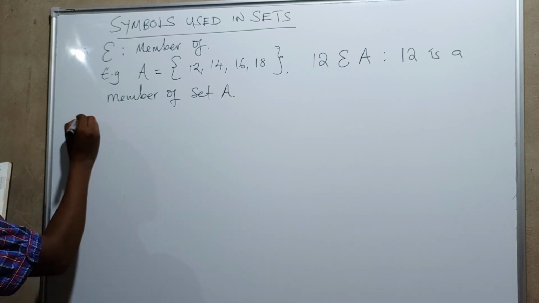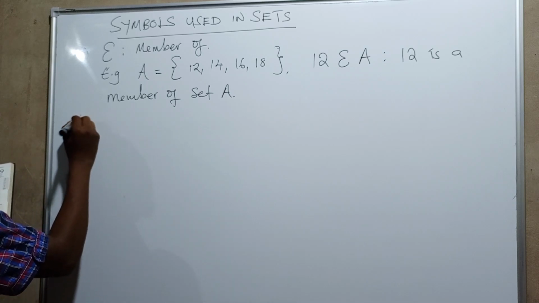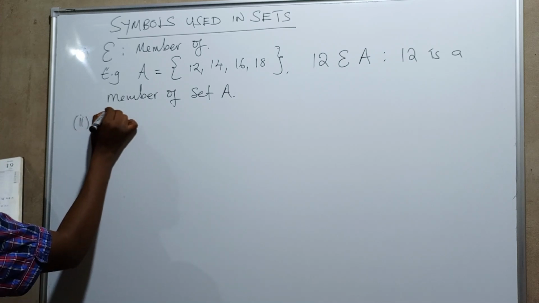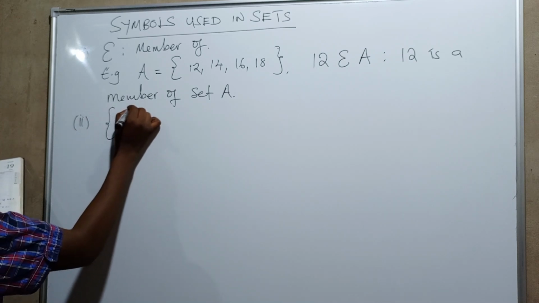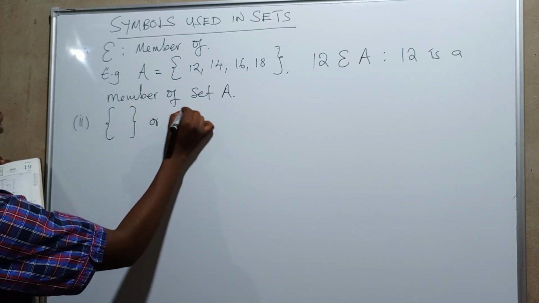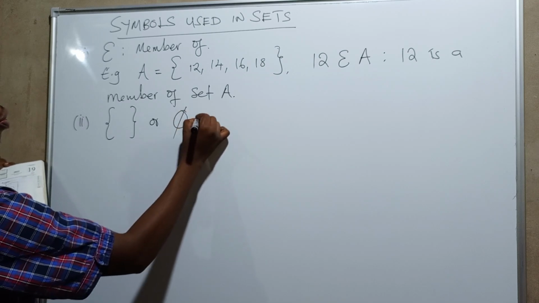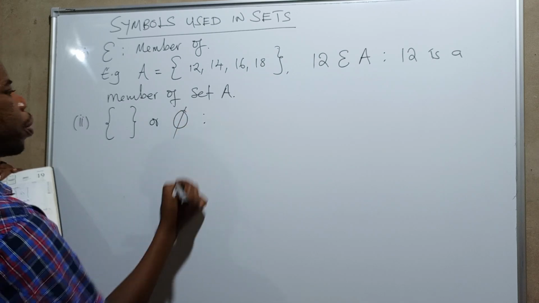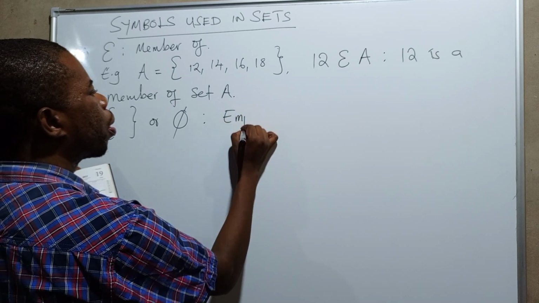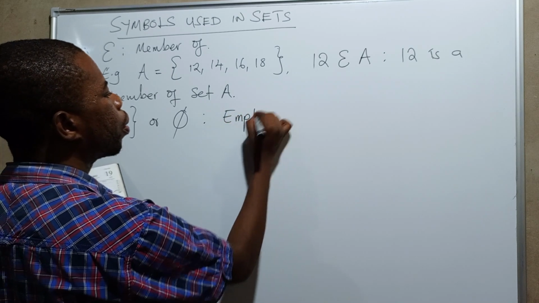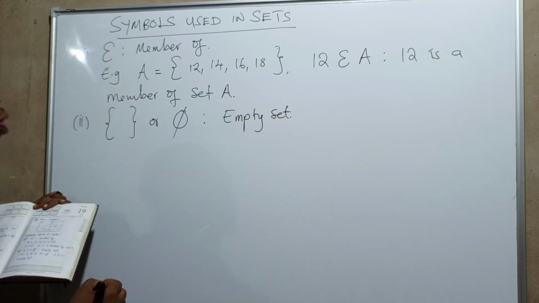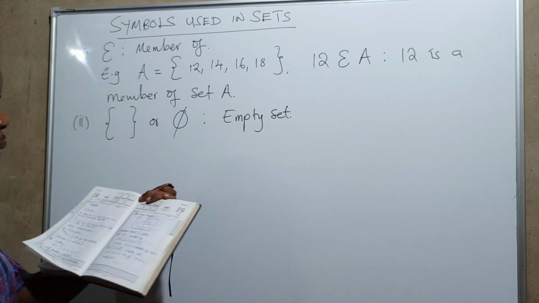Then another symbol that we use in mathematics is this one, or this like this. So this symbol represents empty set. That's what this symbol represents.